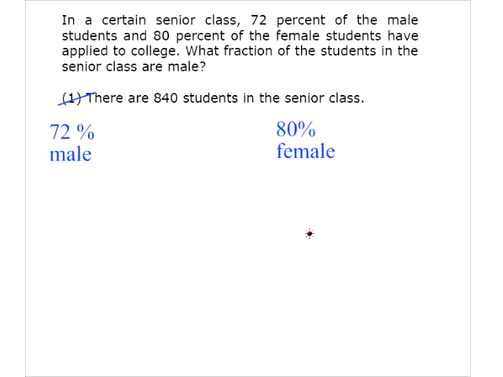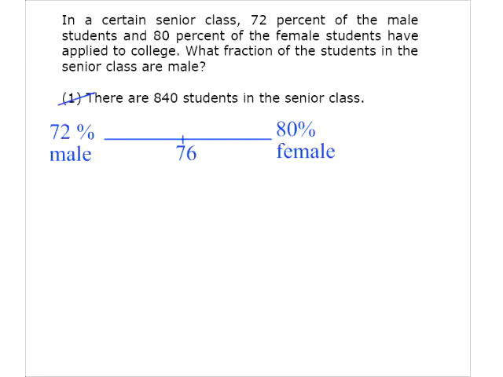If this school was evenly balanced between males and females, then what would be the overall percentage of students who applied to college? It would not be 75, not if it was an equal number. It'd be the average of those two numbers, yeah. It'd be the perfect midpoint. When you average something, it is just the midpoint between those two numbers, assuming that they're equally weighted.